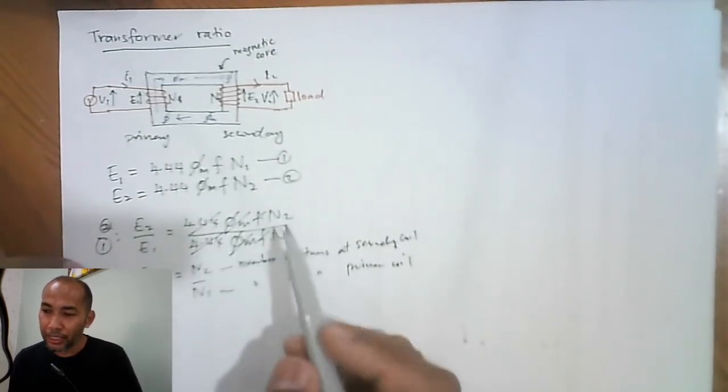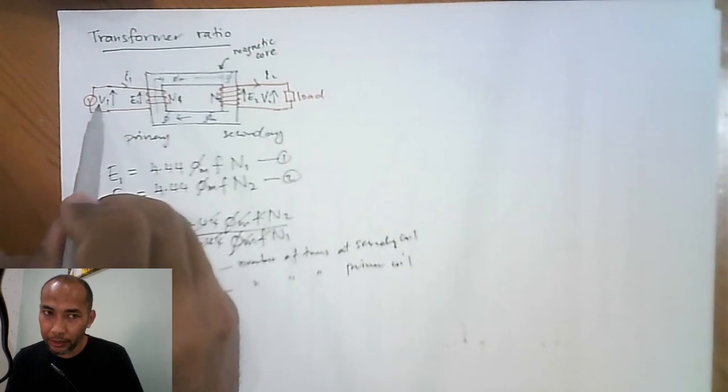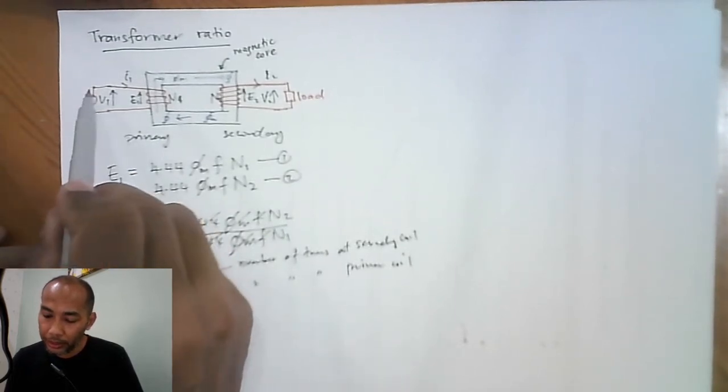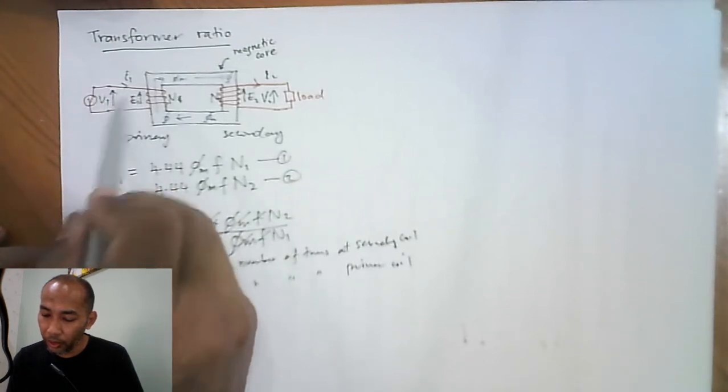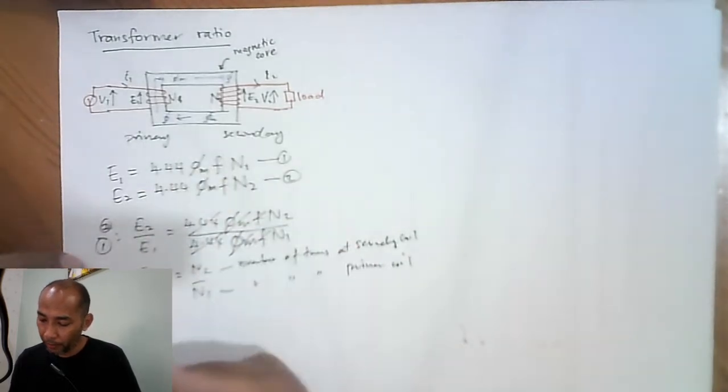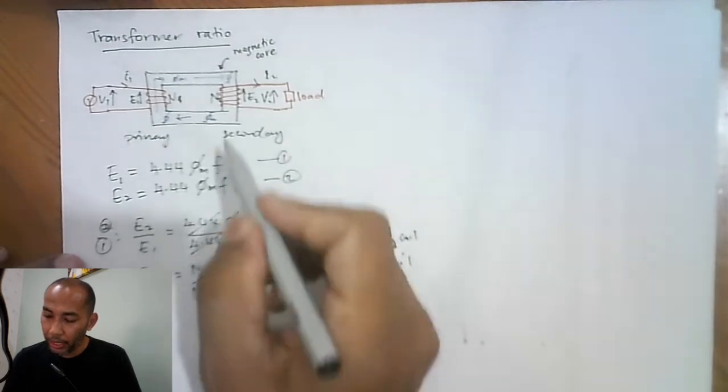By assuming V1 is here and E1 is here, we assume there is no loss at this wire, which means V1 is approximately E1.